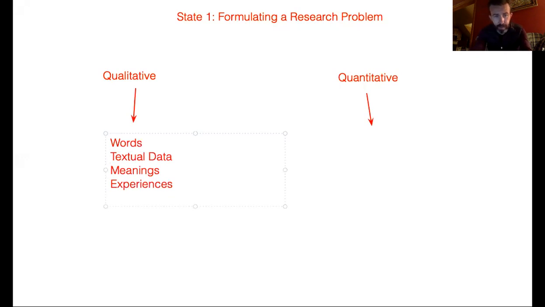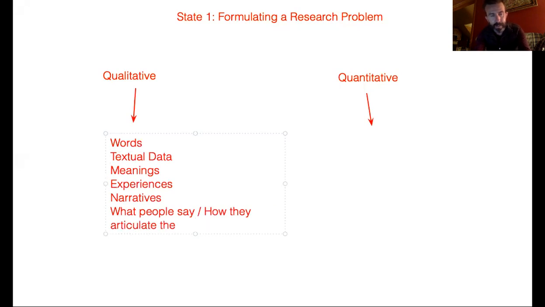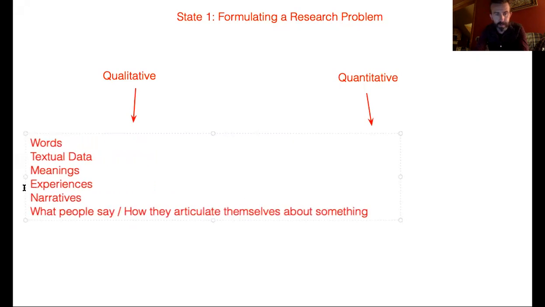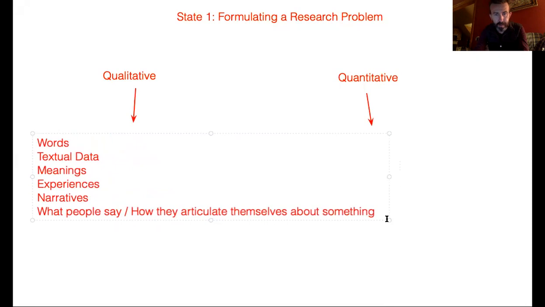You're interested in narratives, in what people say, that is, how they articulate themselves about something.